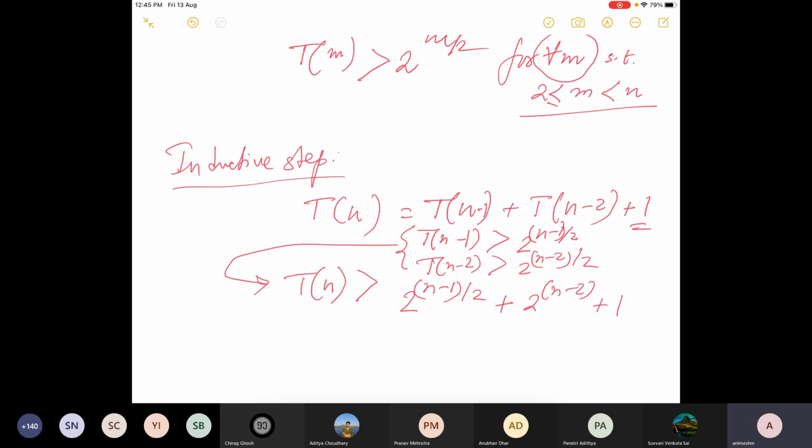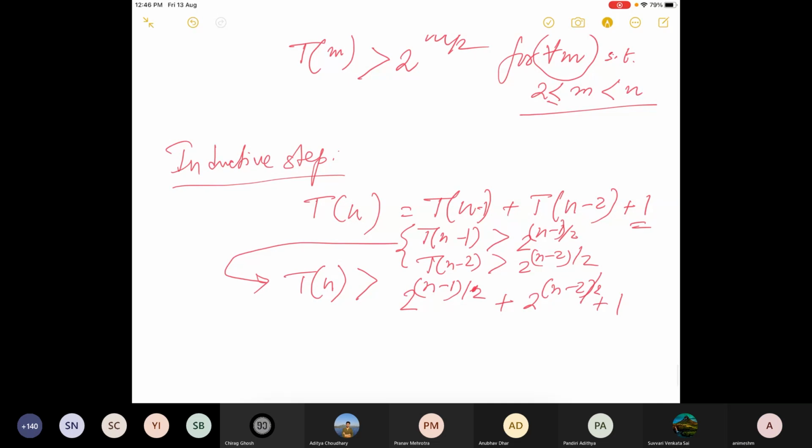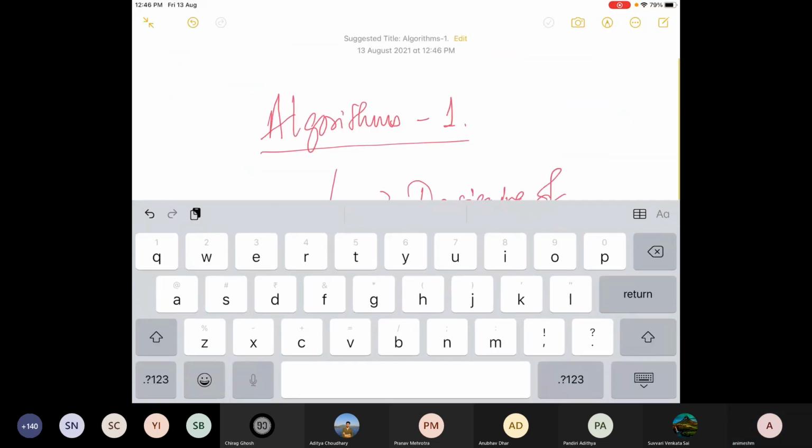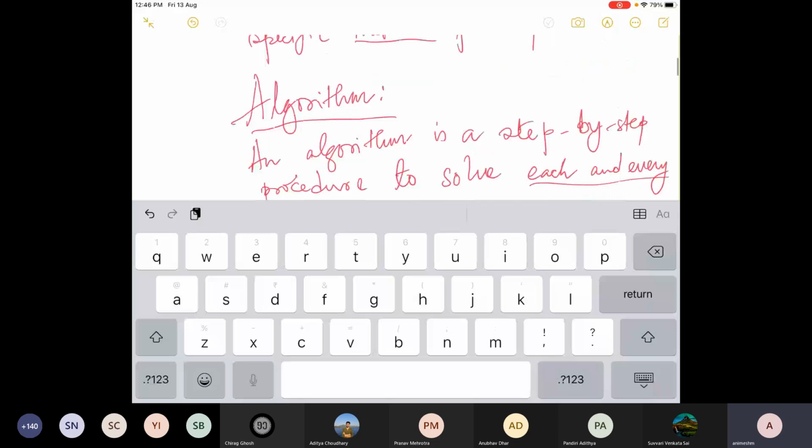So what is the trick now? What is the trick to go to that 2 to the n by 2? 2 to the power n minus 2 by 2 plus 1. Very good. 2 to the power n minus 2 by 2. This you can always write, right? Because n minus 1 is greater than n minus 2. Oops, I'm so sorry.